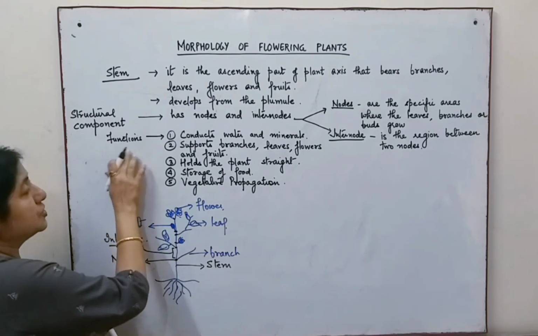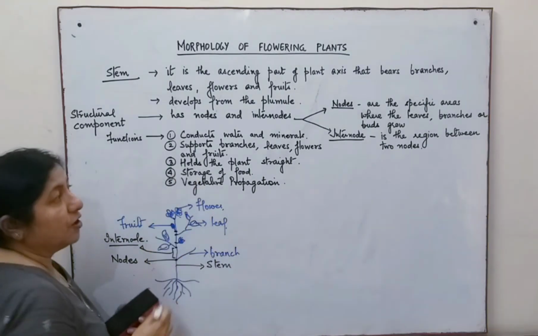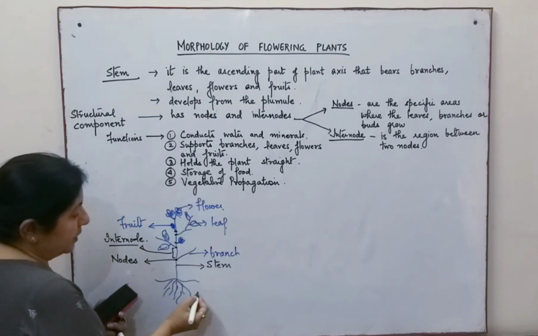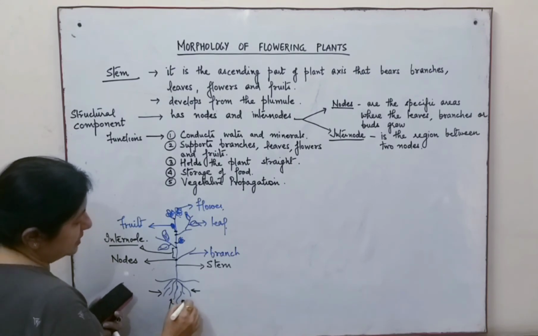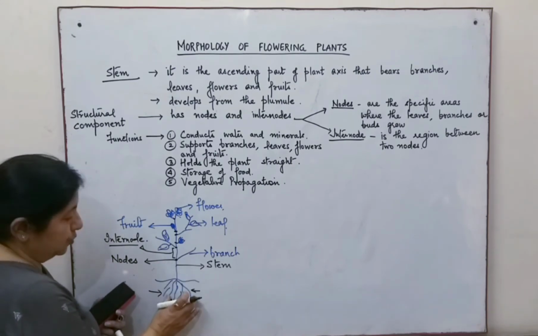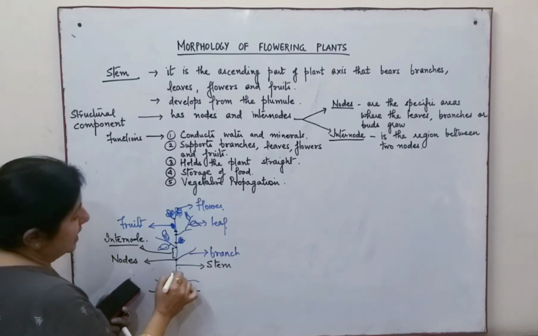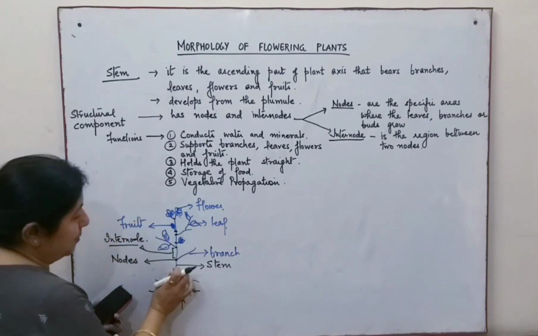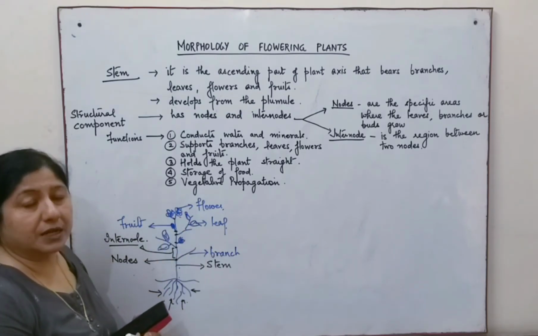The main function of the stem is the conduction of water and minerals. Whatever water and minerals are taken up by the roots are carried through the stem, which then transfers them to different parts of the plant.